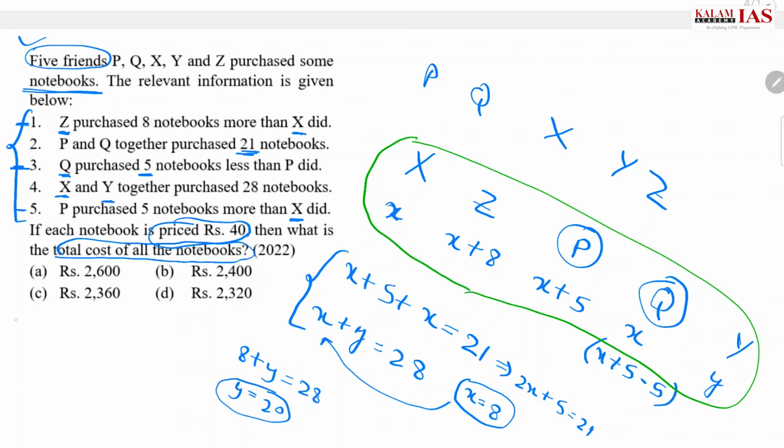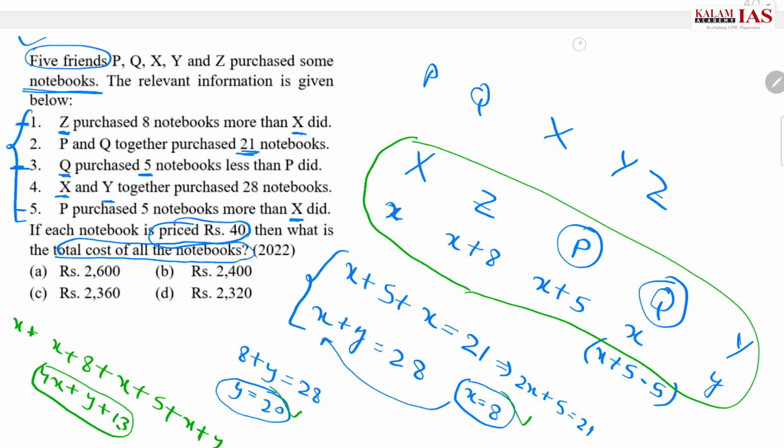So the summation will be X plus 8 plus X plus 5 plus X plus X plus Y. That means 4X plus Y plus 8 plus 5, 13. So this is the total number of notebooks bought. Now we can simply substitute the values of X and Y in this equation to get the final price.